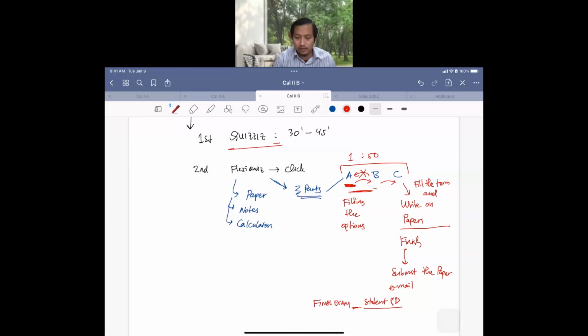The second one, using the Flexi Quiz, you just click the link, fill the form, and take some time to prepare your paper. After you finish all of that, the part C, the paper one, scan it and send it through my email.